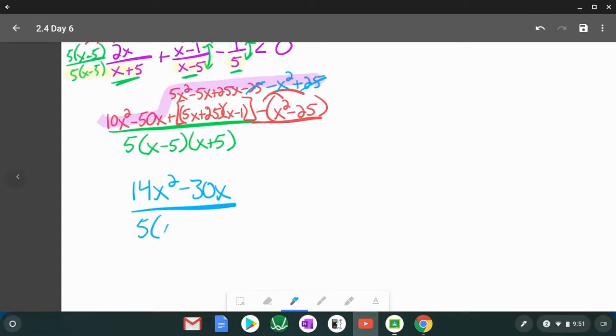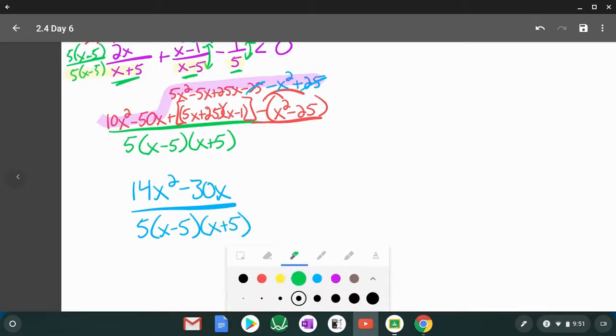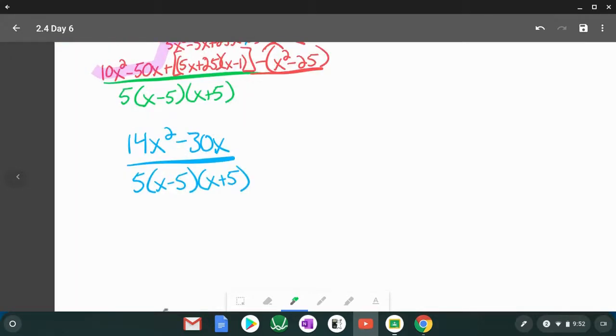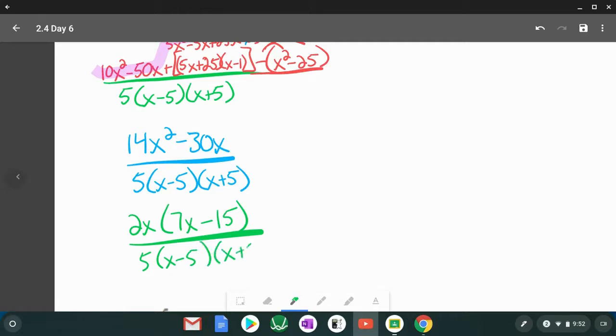And then again, in the denominator, we want to leave that factored. And then if we look back at the numerator, we can actually factor this a little bit more. We have 2x as our GCF, times 7x minus 15. So what's really nice about this is our key numbers are pretty easy to find here.